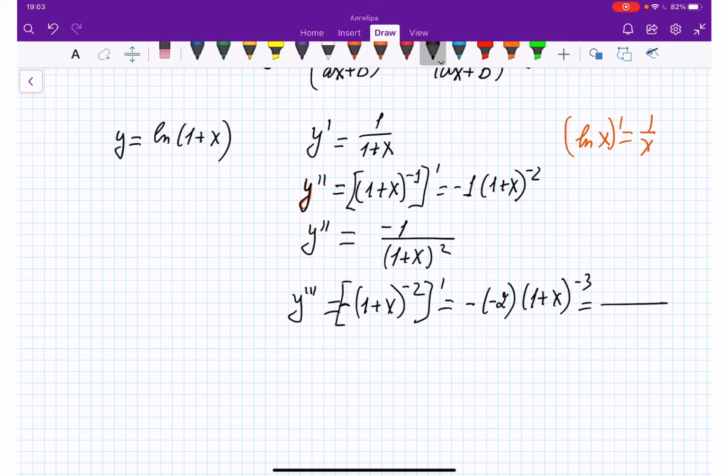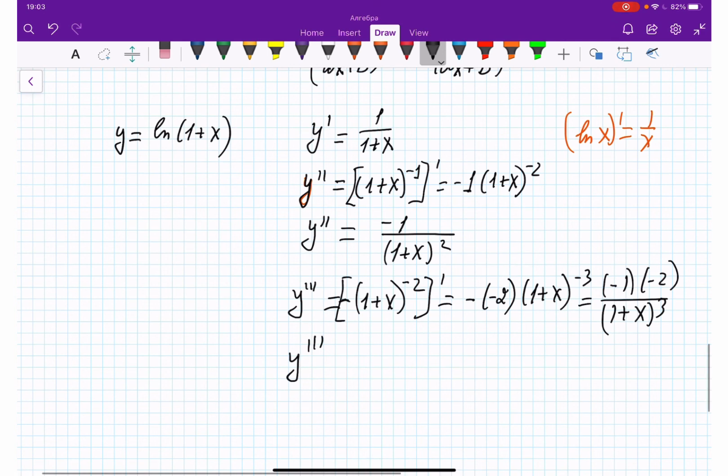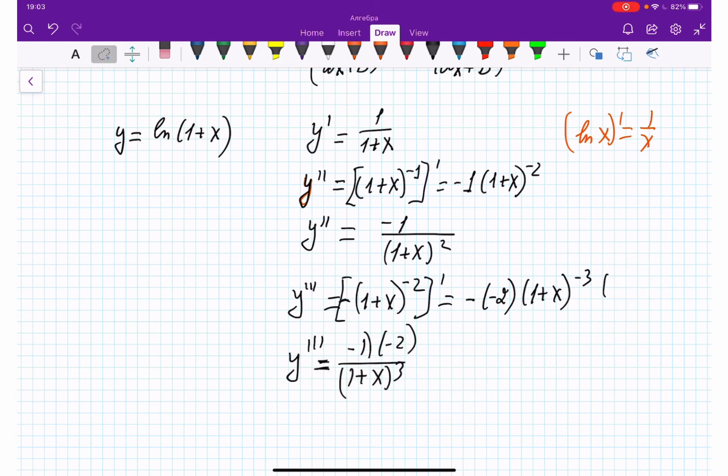So we are getting negative 1 times negative 2 over 1 plus x to the power 3, which means y to the third order, the third order derivative, is equal to negative 1 times negative 2 over 1 plus x to the third.